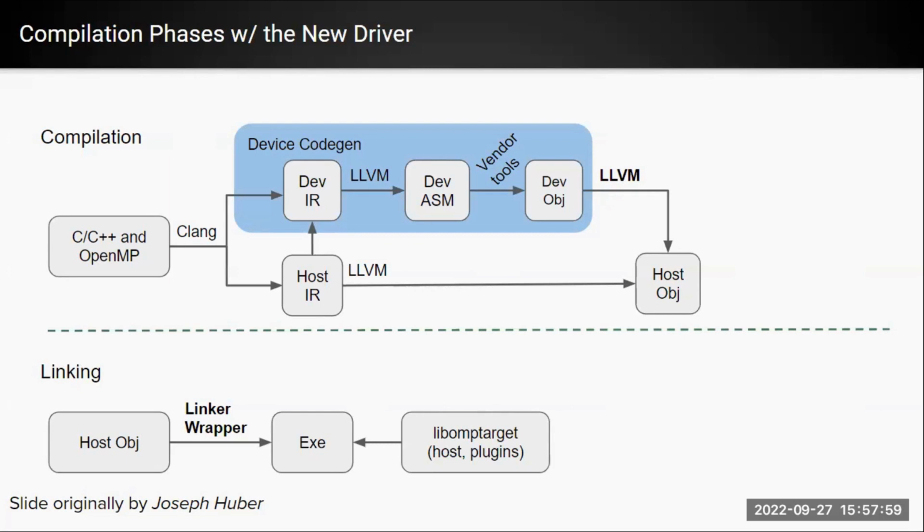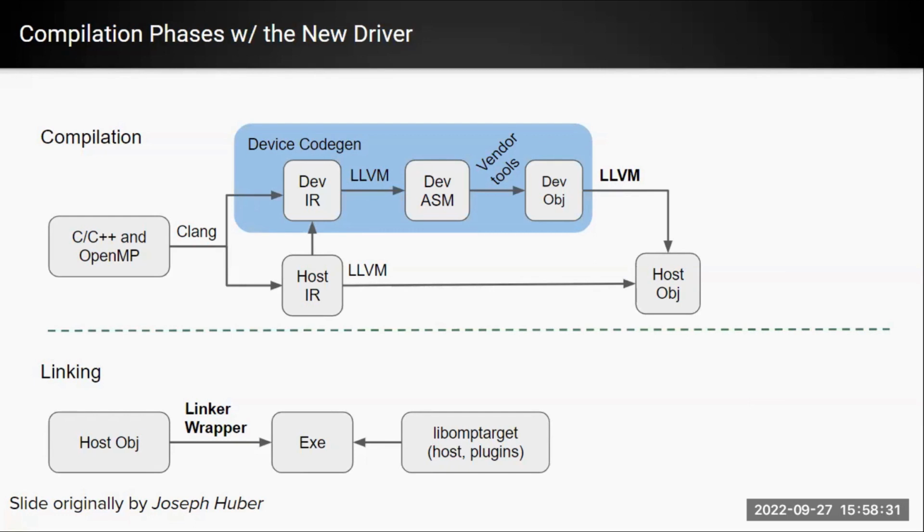Okay. So this is how we do the offload compilation nowadays, at compile time and at link time. At compile time, we have our input source code. We split it up into host source and device source. Then we use the host source for the device compilation.